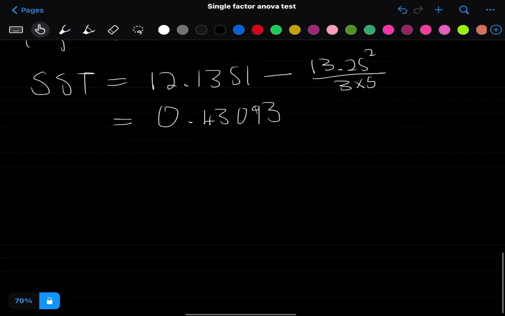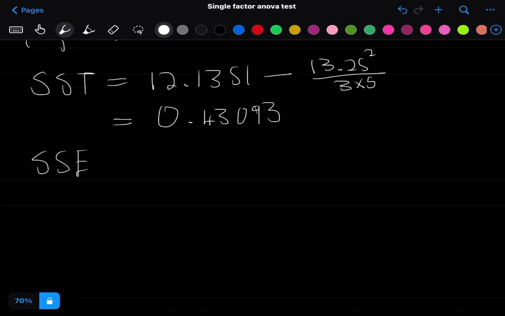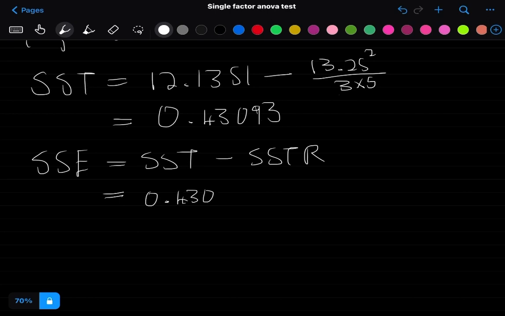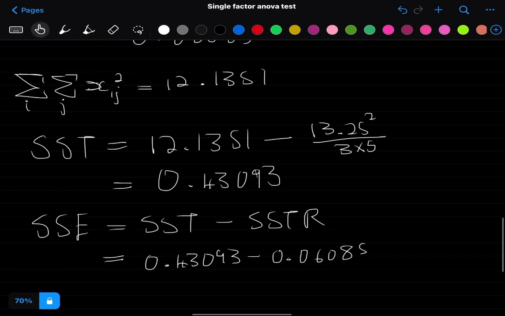Now, what you can do to find the SSE is to use the ANOVA identity. SST minus SSTR: 0.43093 minus 0.06085. Let me verify that.